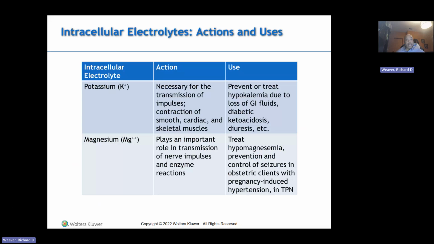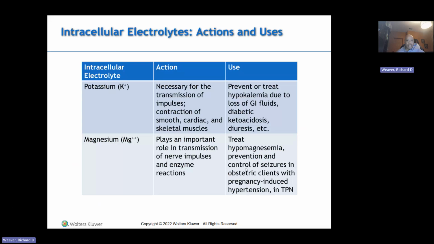We can put all these electrolytes in TPN, by the way. And we measure this by milliequivalent. So you'll see MEQ, like 40 milliequivalents in 20 mLs and what have you.